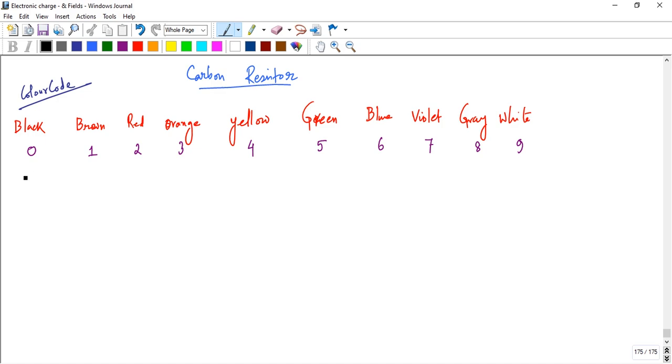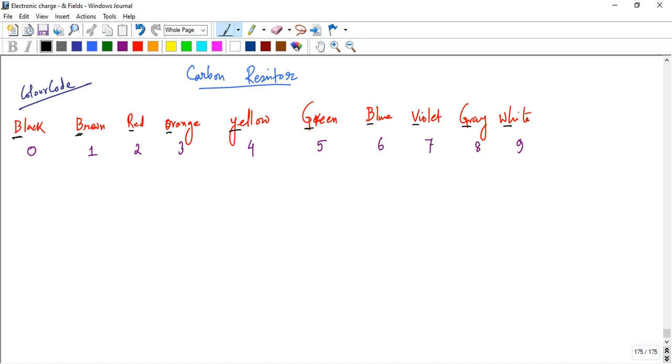Black, brown, red, orange, yellow, green, blue, violet, gray and white. How to remember? There is a cheat code to say that.